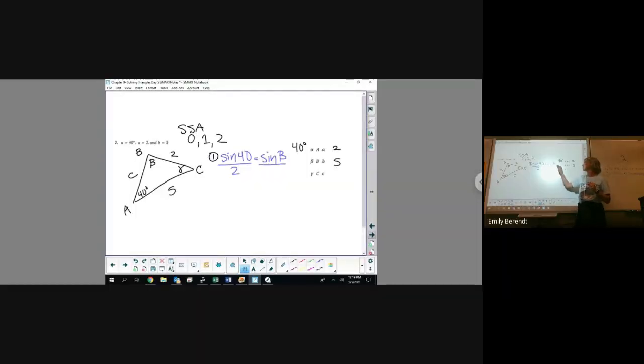So we're going to cross multiply. 2 times the sine of beta equals 5 times the sine of 40. Divide by 2. You're solving for an angle, so you have to use the inverse.